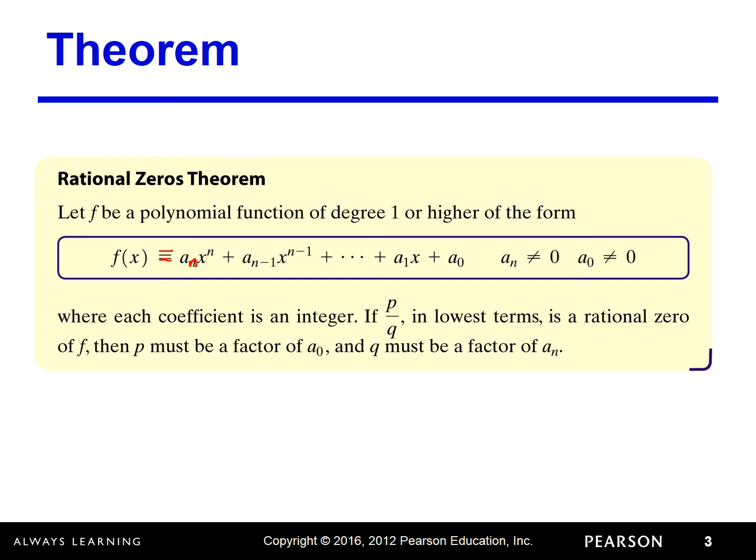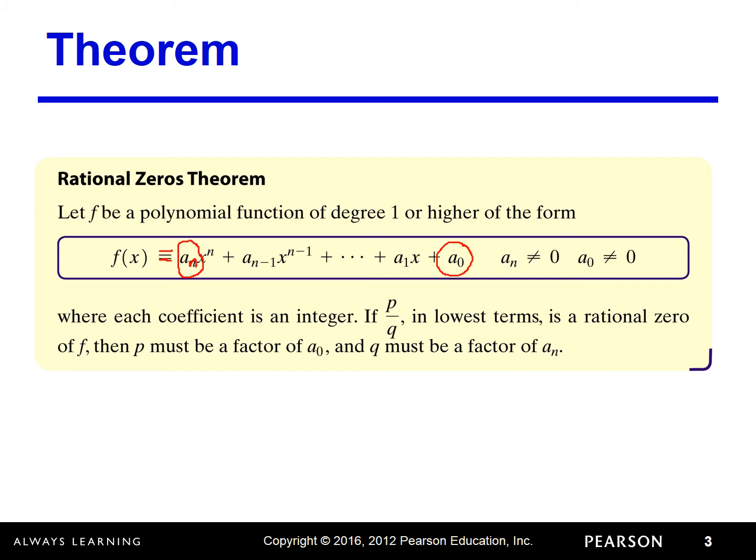If P over Q in lowest terms is a rational zero of f, then P must be a factor of a naught, the constant, there's no x there, and Q must be a factor of the lead coefficient, a sub n.